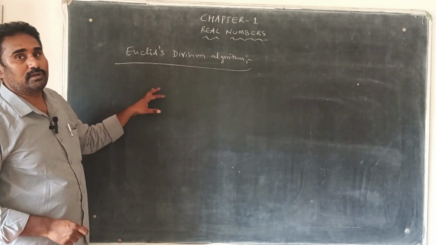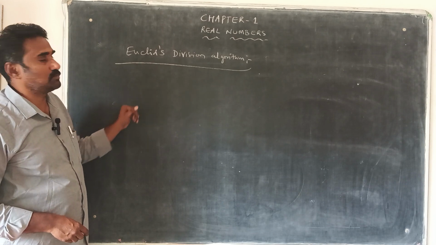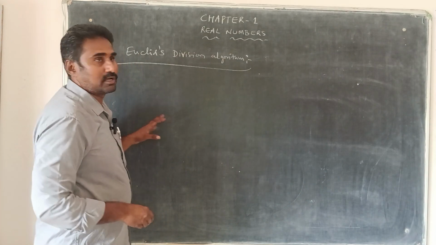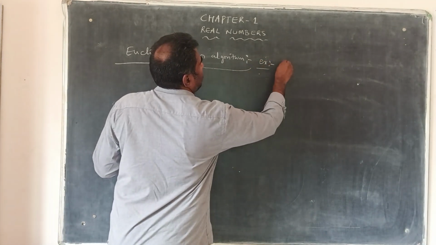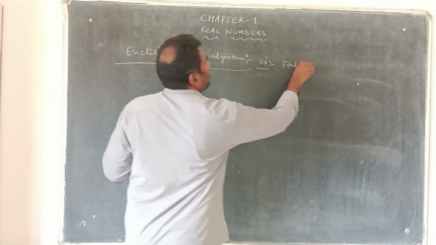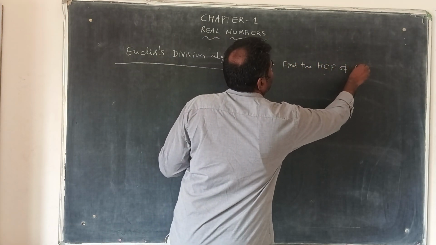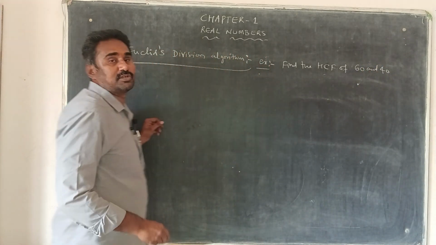Related to the division algorithm, Euclid's division algorithm is used to find the HCF of two numbers. For example, take 60 and 40.